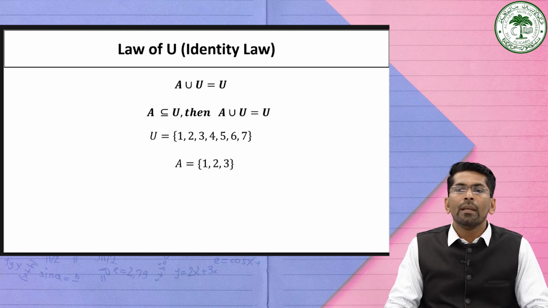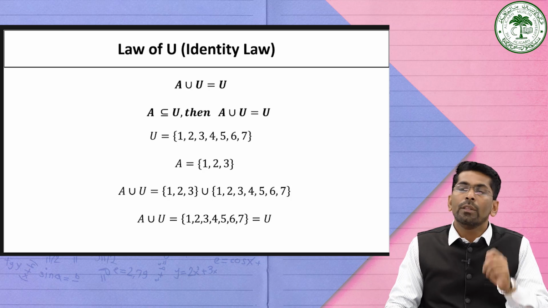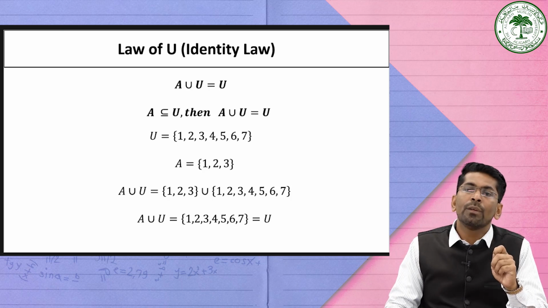So here A union U, which is {1, 2, 3} union {1, 2, 3, 4, 5, 6, 7}, is equal to {1, 2, 3, 4, 5, 6, 7}, which is also equal to the universal set. This result shows that the union of any set with the universal set results in the universal set, because the universal set already contains all the elements.